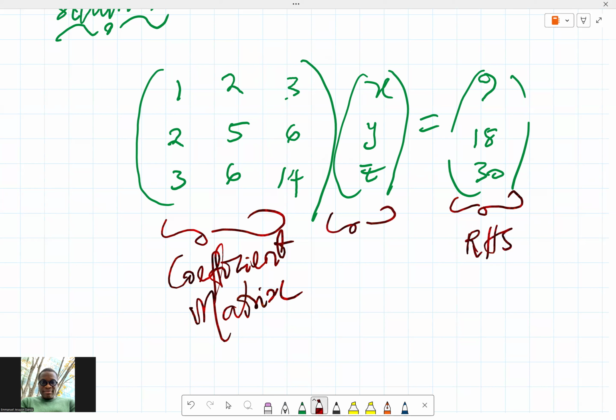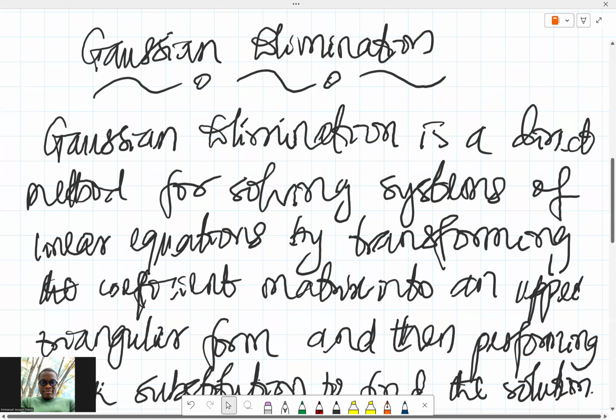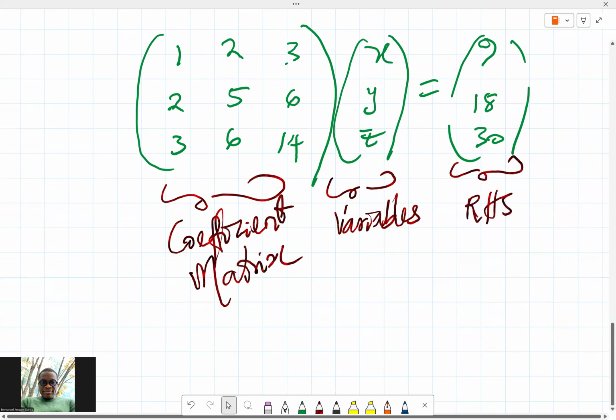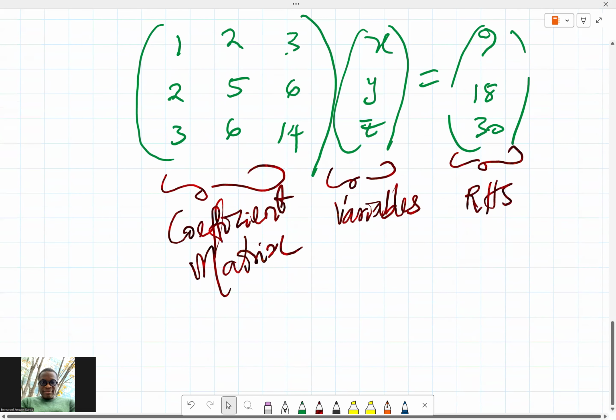And these are the variables we are solving for. Now, again, the definition says it's a direct method for solving systems of linear equations by transforming the coefficient matrix into an upper triangular form.